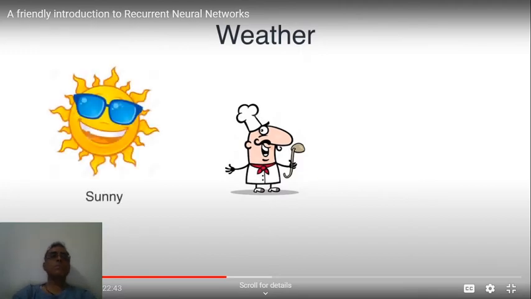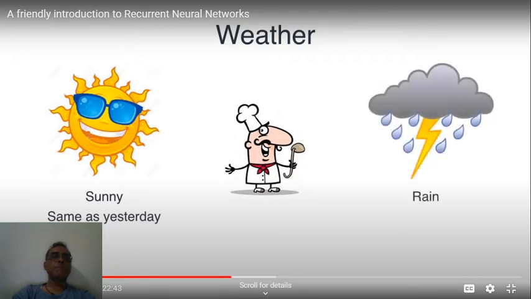If it's sunny, he's going to go outside and enjoy the day, and he's not going to be cooking, so he's just going to give us the same thing as yesterday, leftovers. And if it's rainy, then he stays inside, he has nothing to do, so he cooks the next dish on the list. So if it's sunny, we get the same thing as yesterday. If it's rainy, we get the next thing in the sequence.